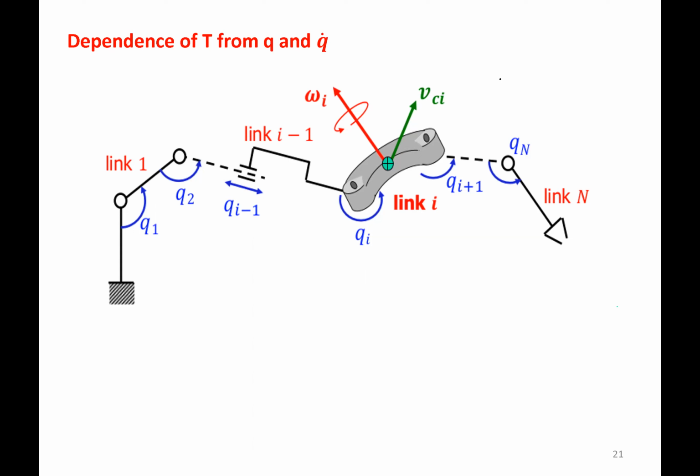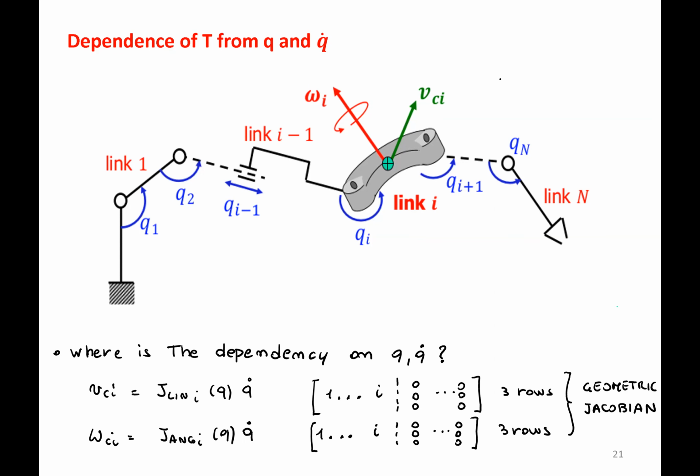Now, we said that the Lagrangian is dependent on q and q dot, and we can see exactly where the dependency is. It is due to the fact that not only the inertia but also the velocity of the body is dependent on the motion of the preceding links.